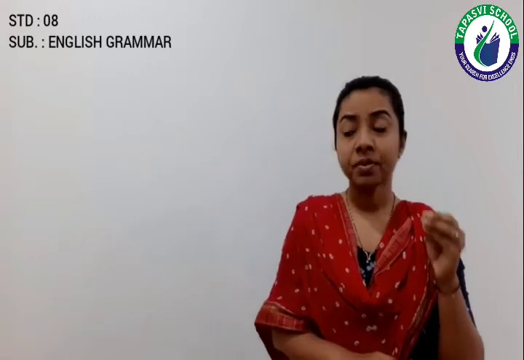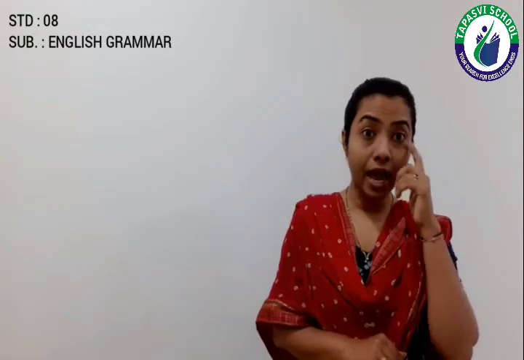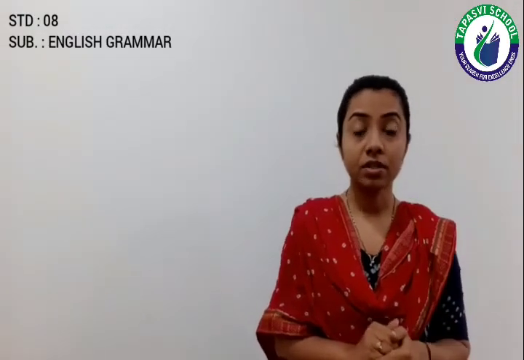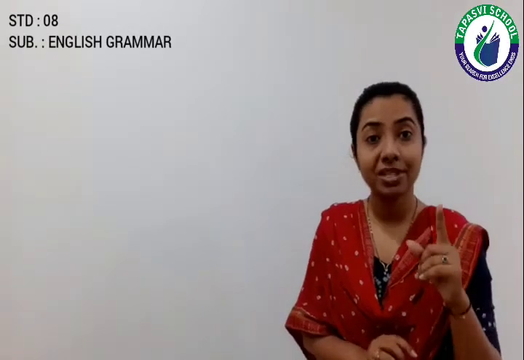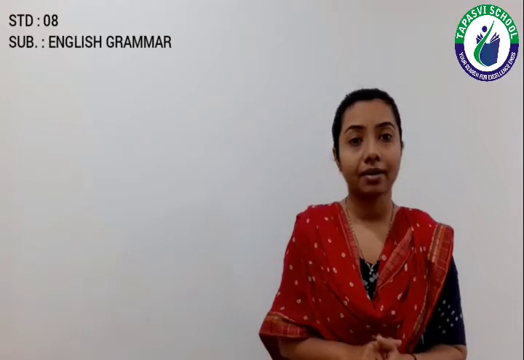This is so important, right? If you don't know the past participle of a particular word, then your sentence may be wrong. It means because of one mistake in a verb, you may lose marks.